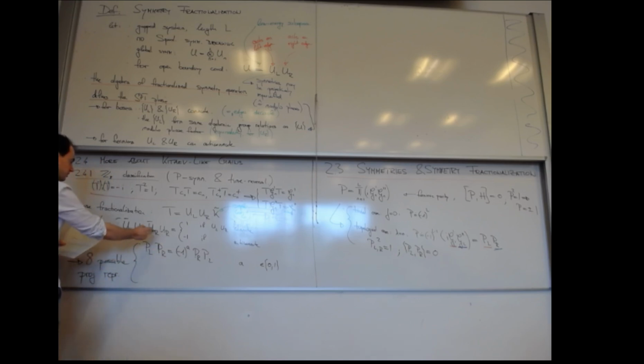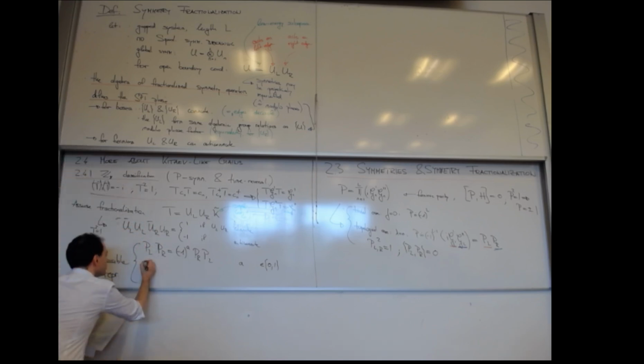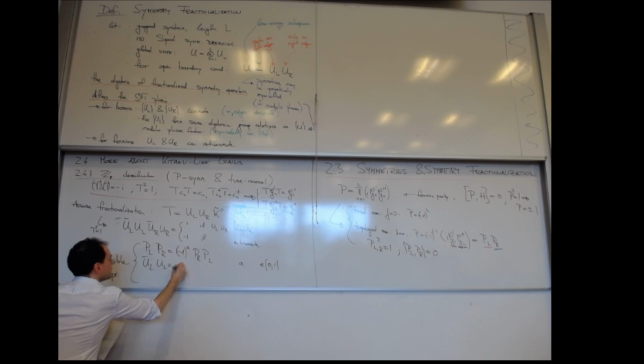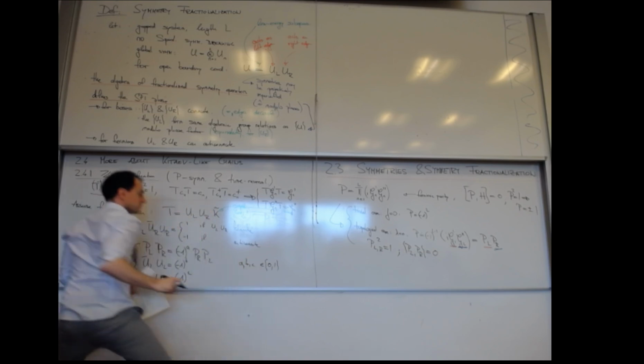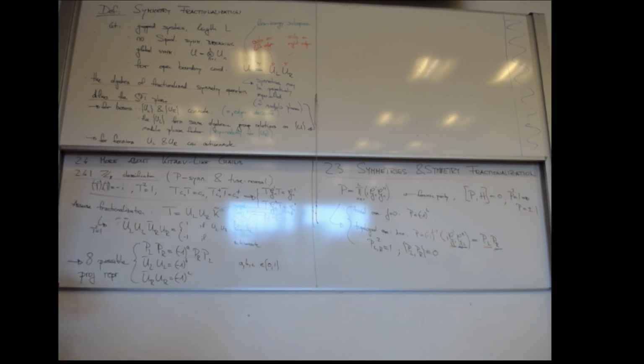We see here that additionally U bar_L U_L is (-1)^B, and U bar_R U_R is (-1)^C, where B and C are also just Z2 objects. So you have 2 times 2 times 2 possibilities, which is 8.